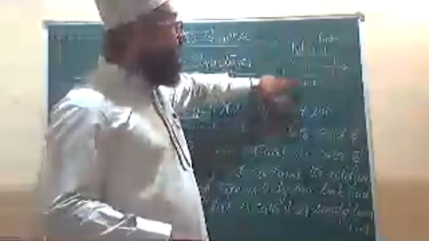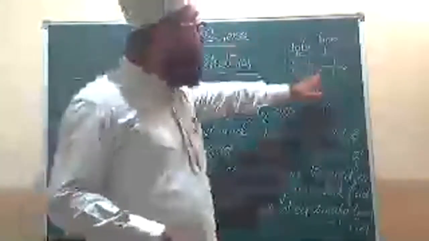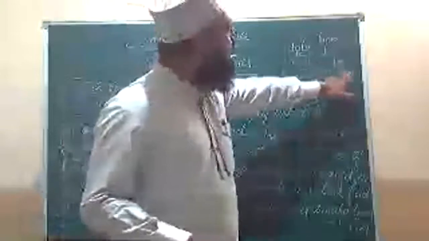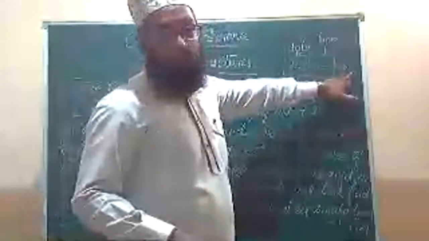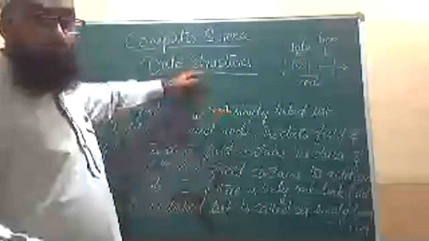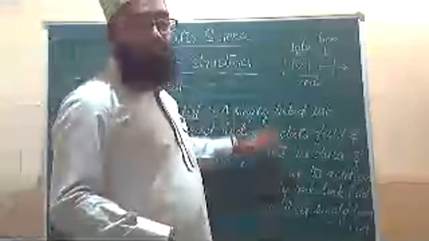The data field contains its own data, and the link field contains the address of the next node. I will draw the linked list so you can understand clearly.